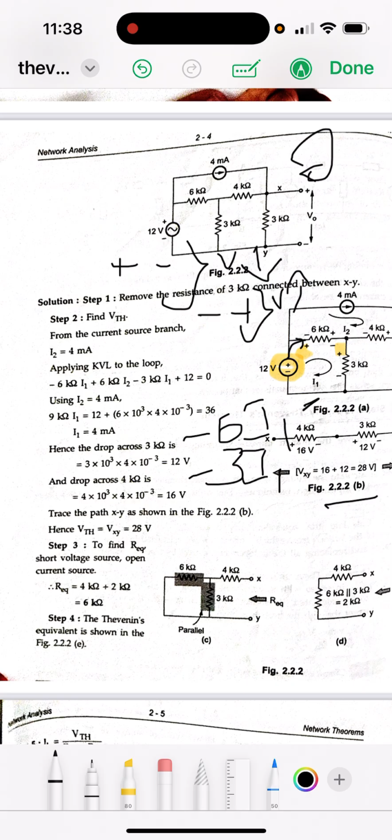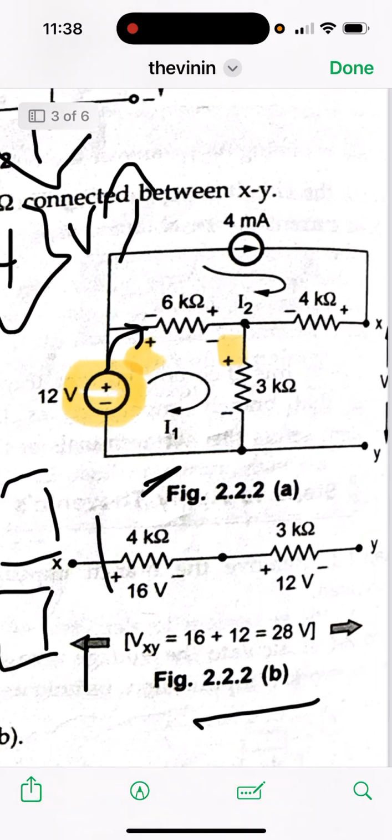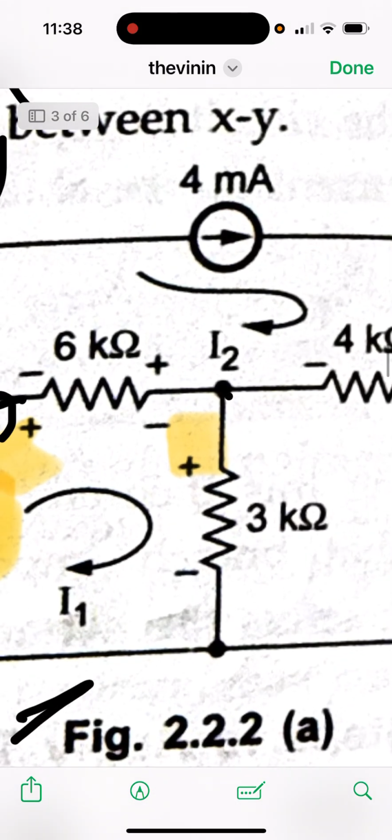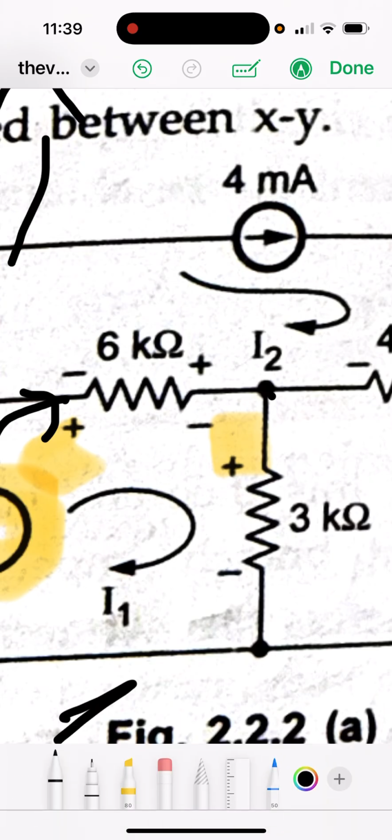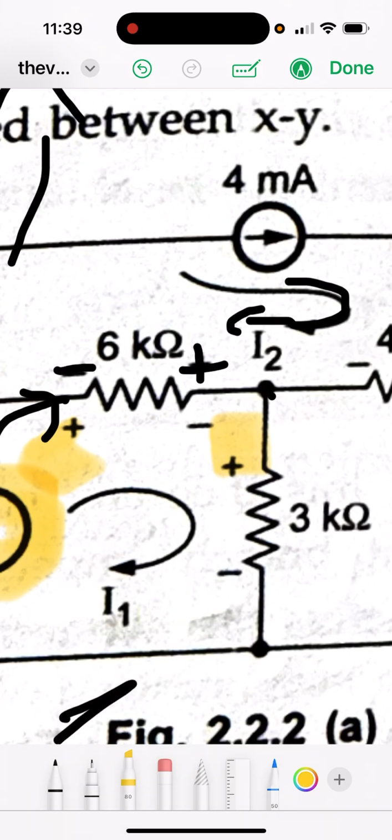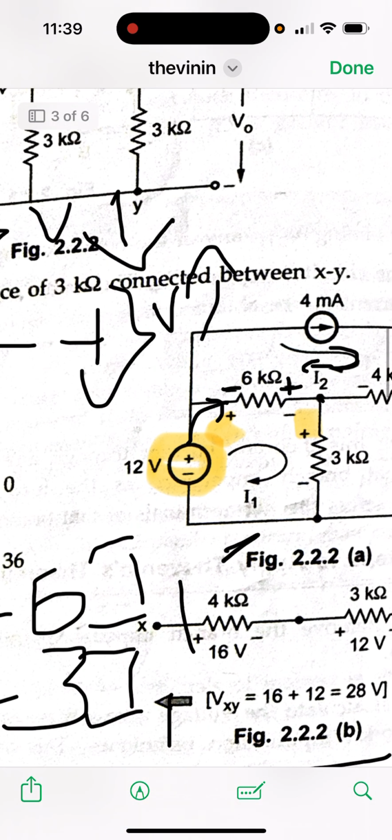But if you can see in the above diagram, I'll just zoom in here. I2 is also passing through this. Current entering will be plus, current leaving minus. So that will be minus 6 I2.